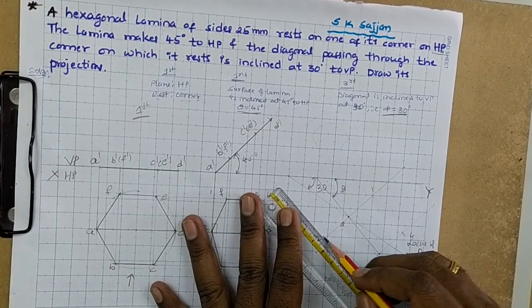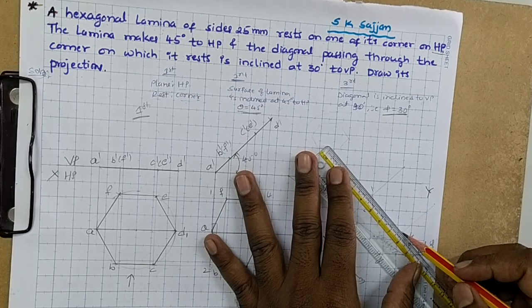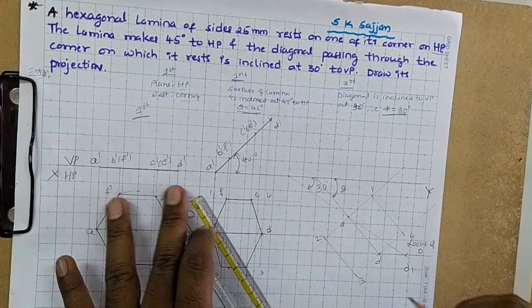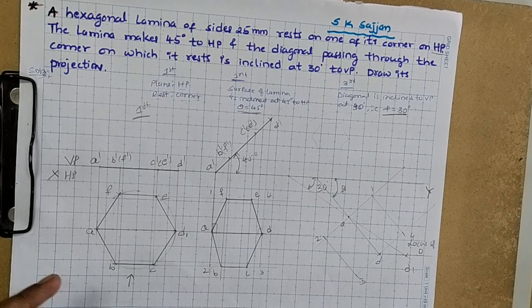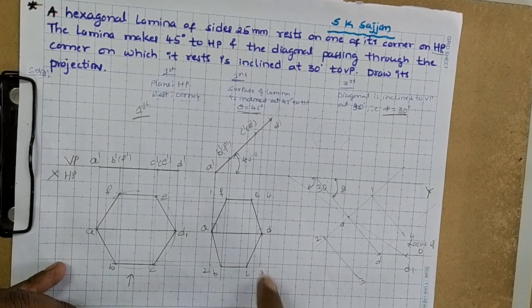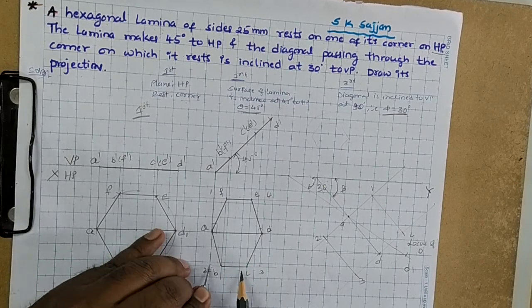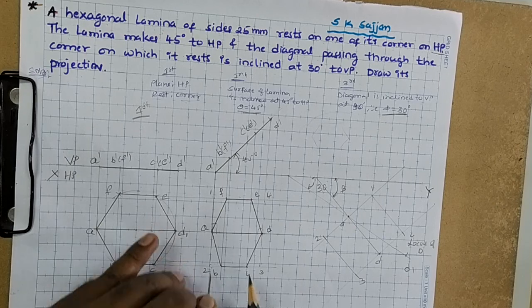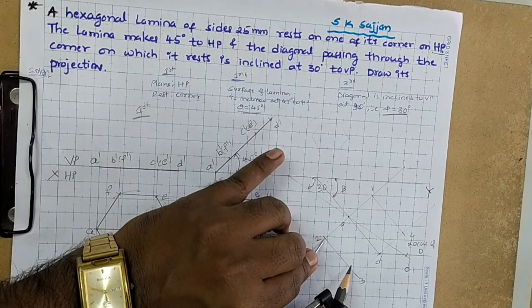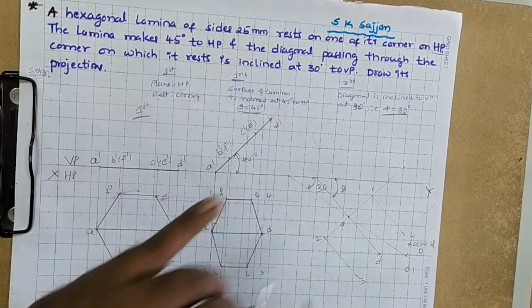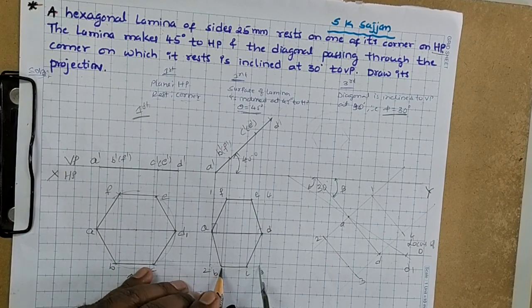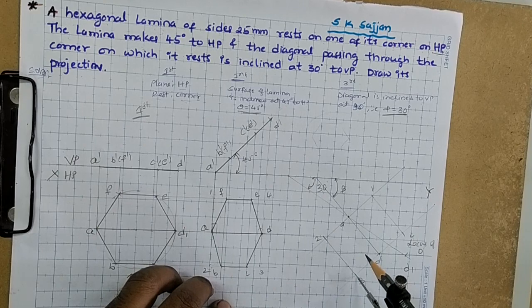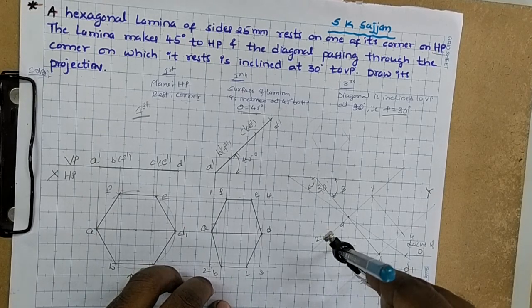Actually we are constructing the hexagon, but with the help of this rectangle I want to construct it. Now, A and D are there; the remaining points I want to mark. See how to mark them. B and C are on this line 2 3; measure how much this 2 3 line is.